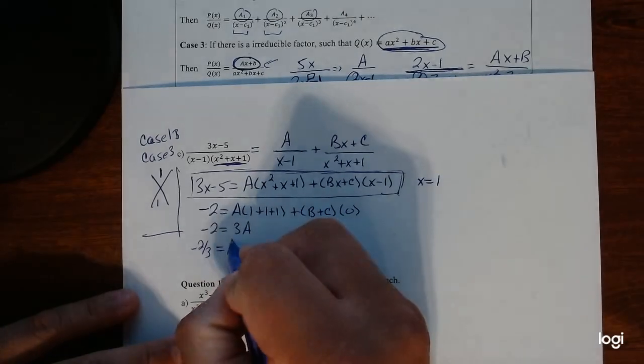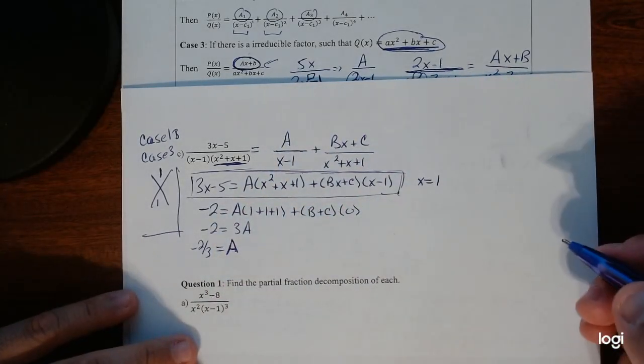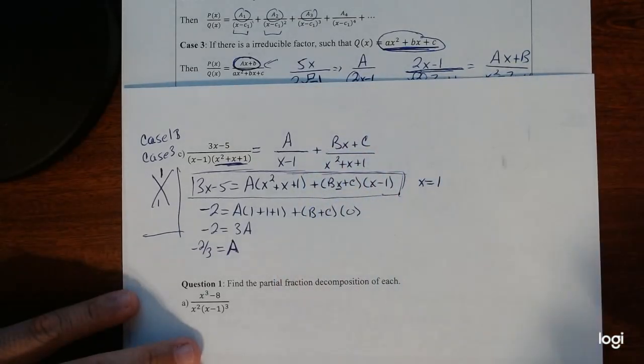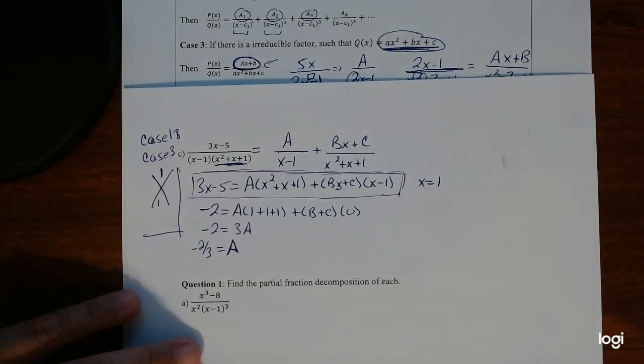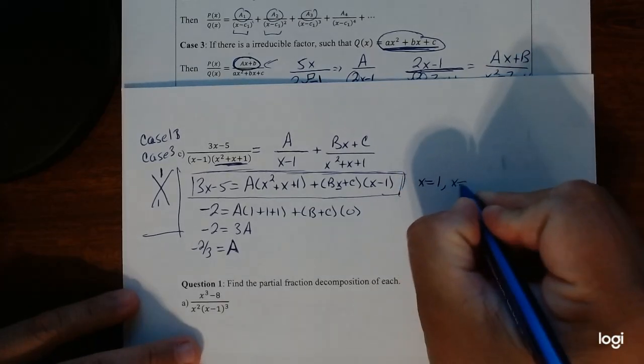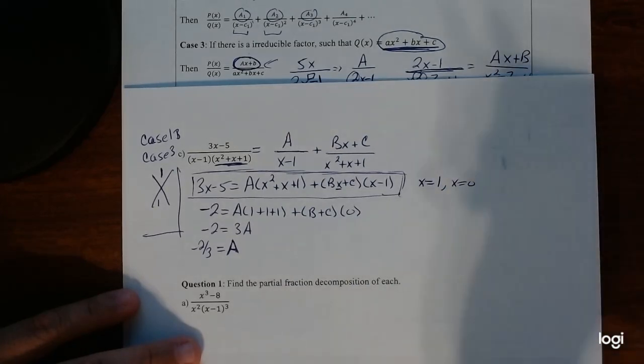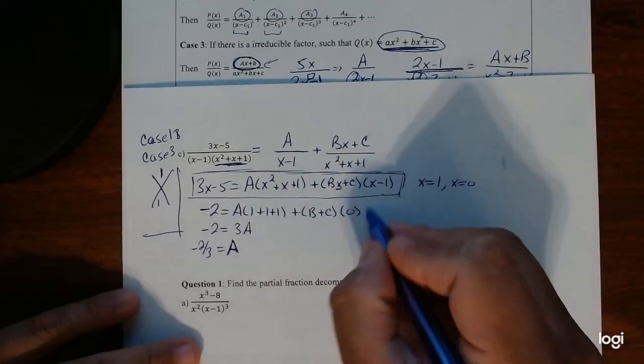All right, so let's do the same thing. Now, it's a little trickier because we actually have this variable there. I can actually get rid of b by, again, just plugging in x equals 0, because 0 times anything will just cancel out. So we'll just plug in 0 for x and see what we get.